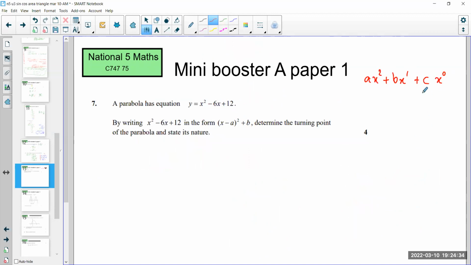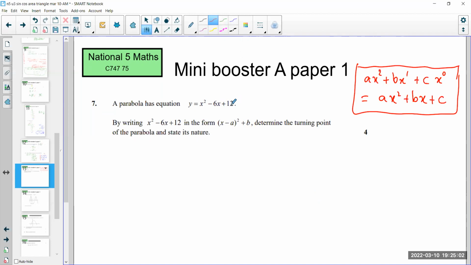It's c times x to the power 0. What did we say x to the power 0 is? Anything to the power 0 is 1. 1c. That is exactly the same. That's why it's called a trinomial. You've got an x squared factor, an x to the 1, and an x to the 0.